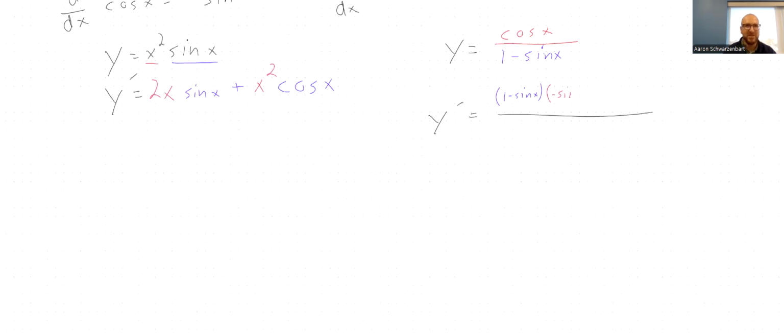This is big enough, isn't it? Minus cosine x times derivative of the bottom. What's the derivative of 1 minus sine x? It's negative cosine. Minus cosine x, negative times negative, like before.